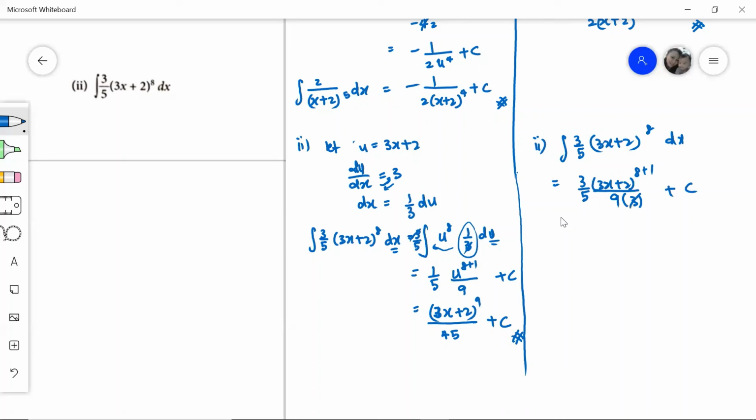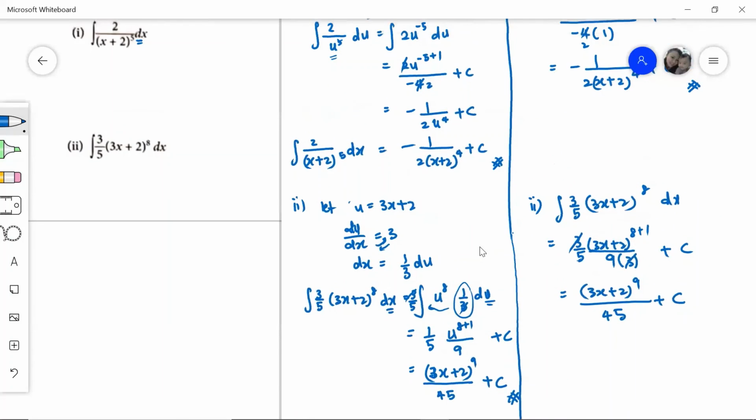So the 3 and the 3 here can be simplified. We simplify the whole fraction, over 5 times 9, 45. So we get the same answer as the first method. Of course, through this activity, we know that by using the integral formula, it is much easier. That's it for this question.